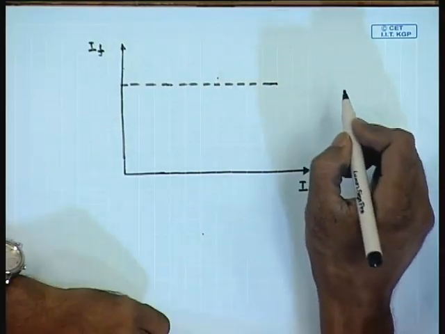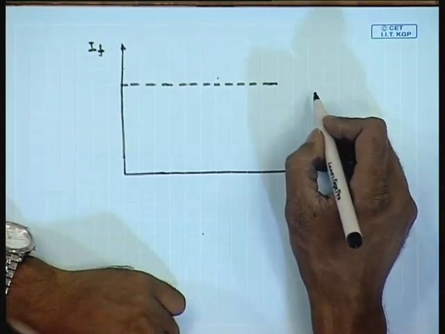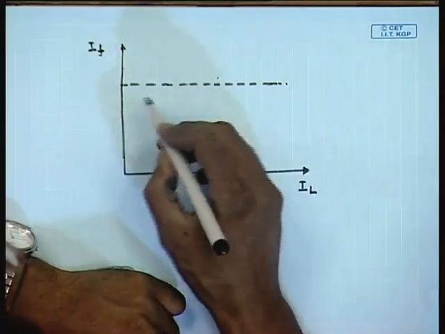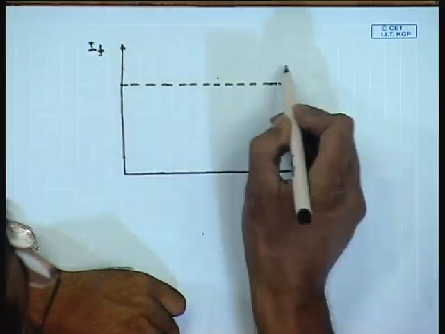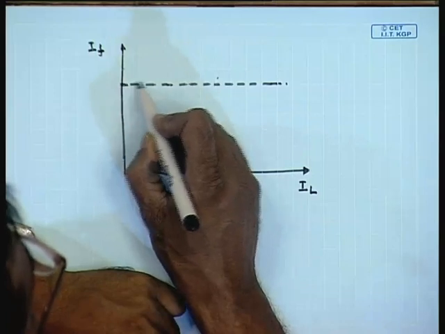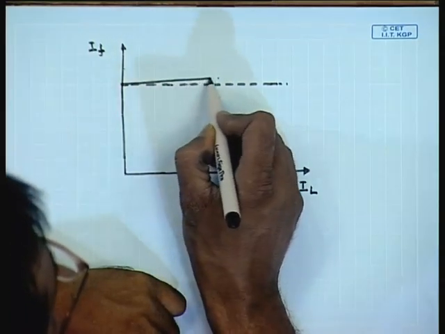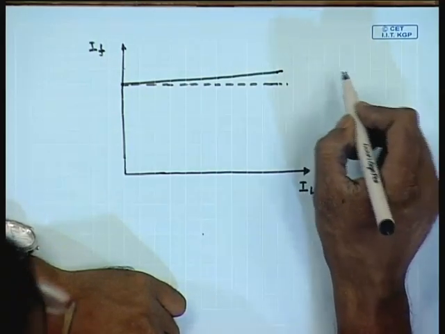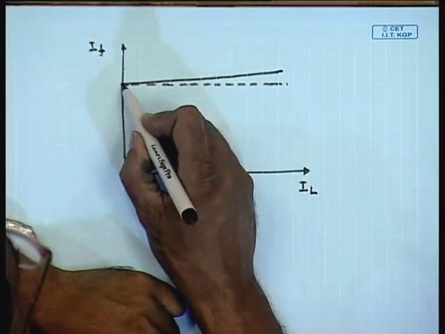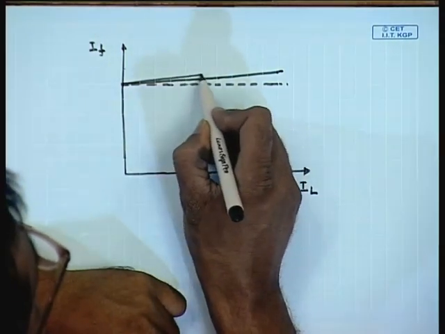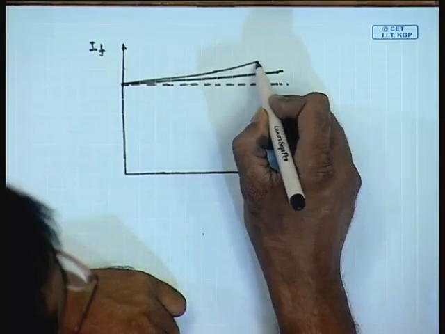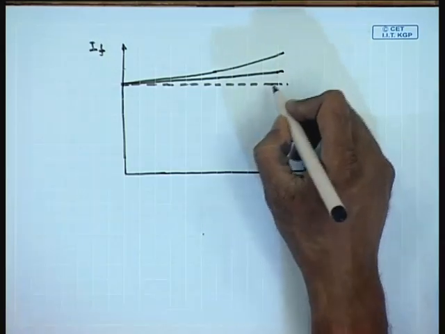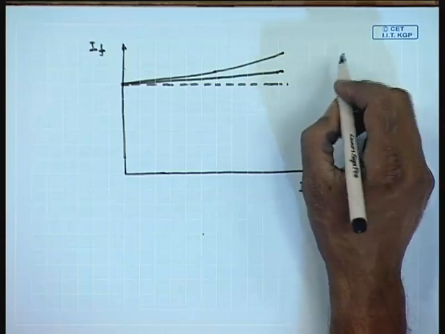If there was no armature reaction, then in order to keep the terminal voltage constant at any load current, we would have to compensate only for the armature resistance drop, and the characteristics would have been a straight line, but due to armature reaction some more increase in the field current will be required to overcome the drop due to armature reaction.